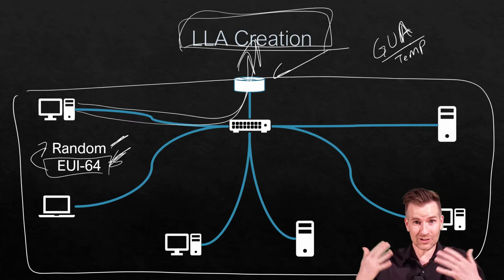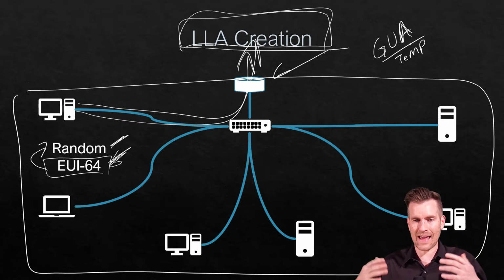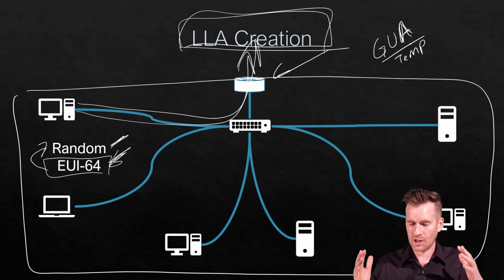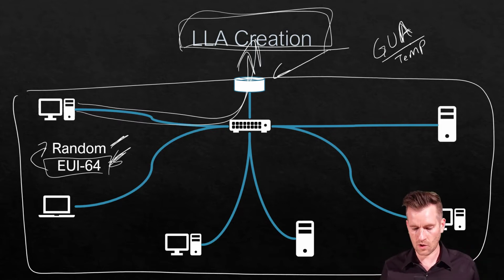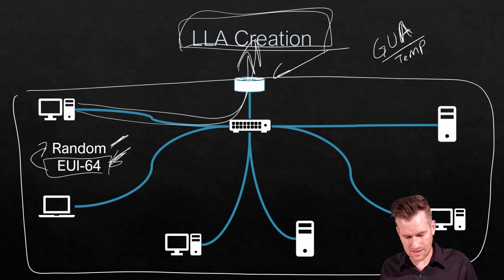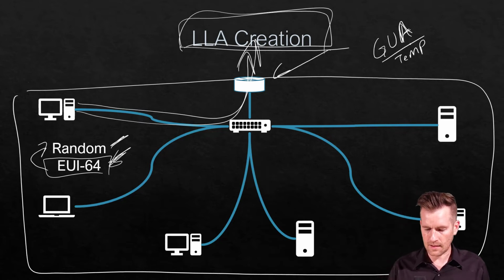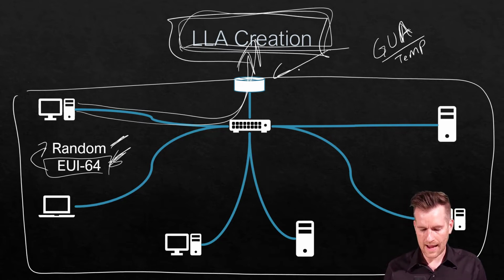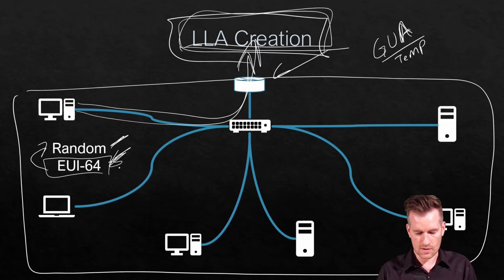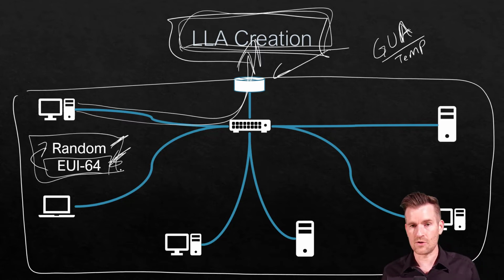As an extra security precaution, you could have it change every so often, so you're constantly changing out your global addresses. That's just a side note. But this link local address creation can use a couple different methods, and must use one for things like Neighbor Discovery Protocol.